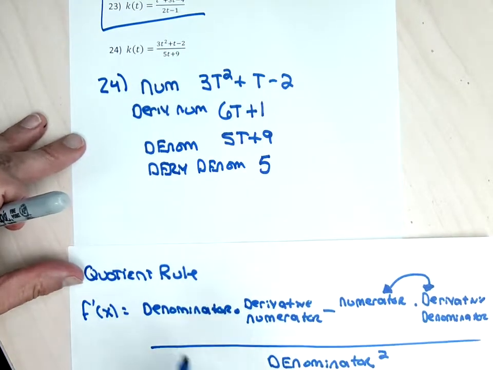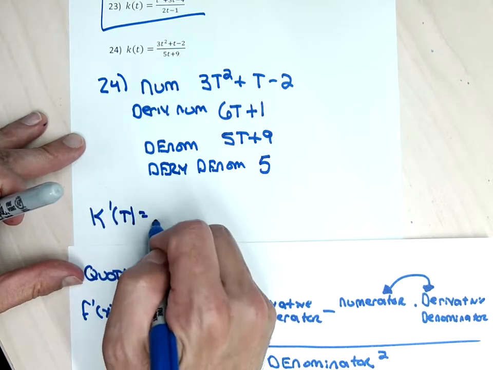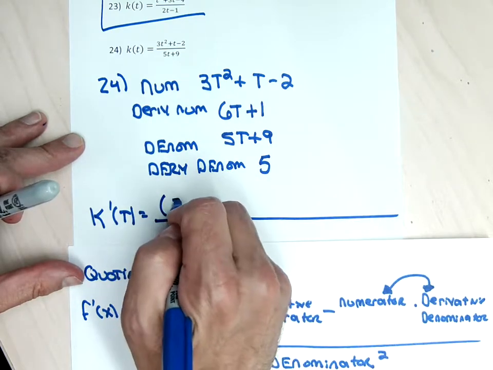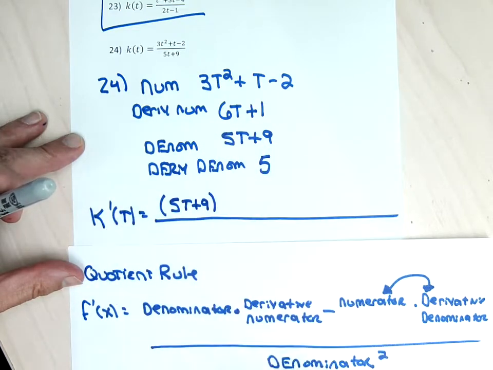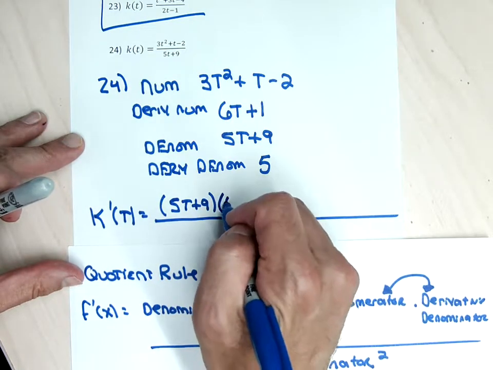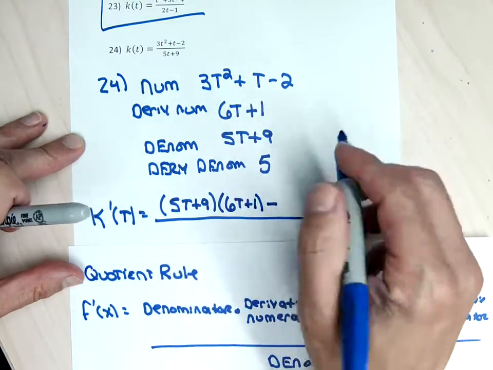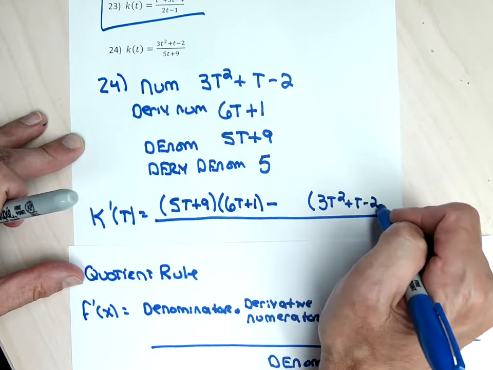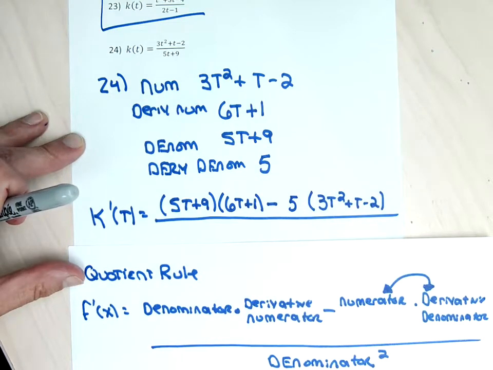Now I'm just going to use the quotient rule. I'm going to write k prime of t equals a fraction: the denominator, 5t plus 9, times the derivative of the numerator, 6t plus 1, minus the numerator, 3t squared plus t minus 2, times the derivative of the denominator, and I usually flip-flop that just to make it easier.